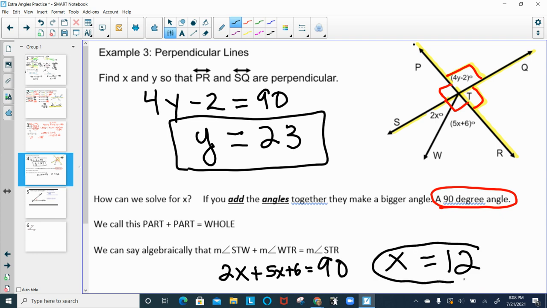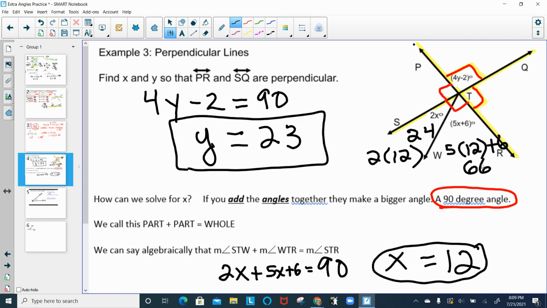But if we did want to know, we could take that 12 and plug it in to both of them. 2 times 12 will be 24. And then 5 times 12 plus 6, I think that's 66, but I can check it in the Desmos calculator if I need to.